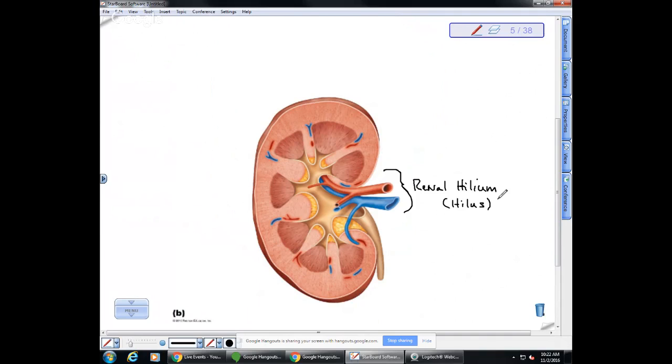That's where the blood vessels enter, and that is where the ureter leaves. I'm going to write this right here. This is the ureter, and then you can label the blood vessels if you like.